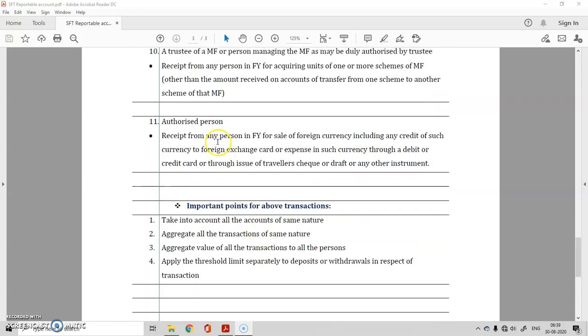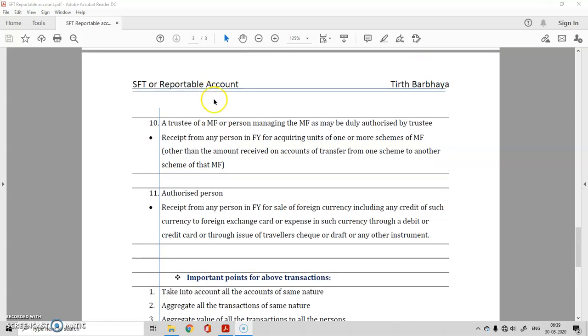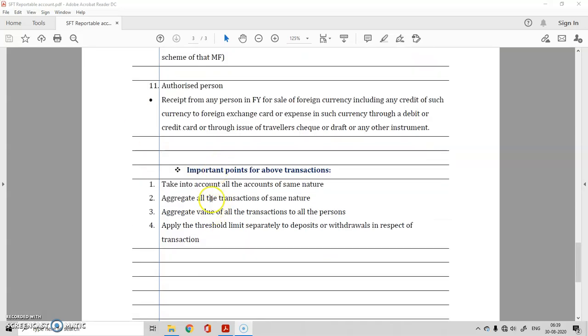It means the certain specified persons mentioned here should take all the accounts of the same nature, take all their transactions, and also take the value of transactions in aggregate for calculating or applying the threshold limit. Okay, now the threshold limit needs to be separately applied to deposits or withdrawals in respect of a transaction.